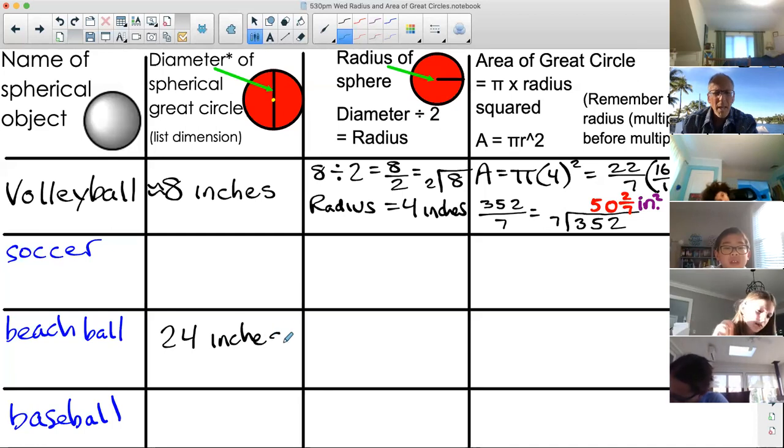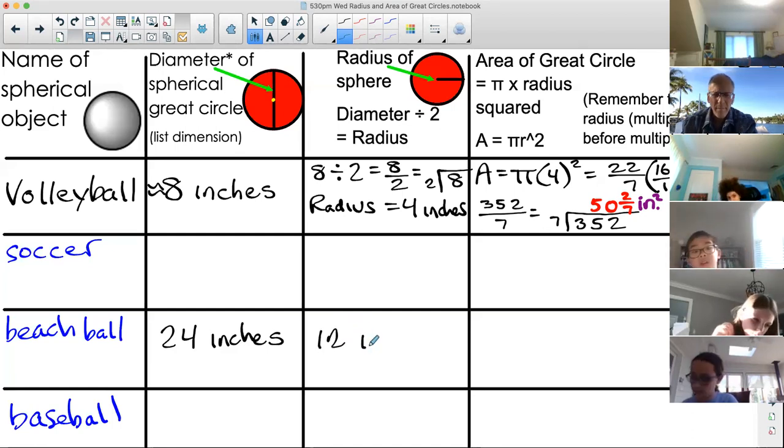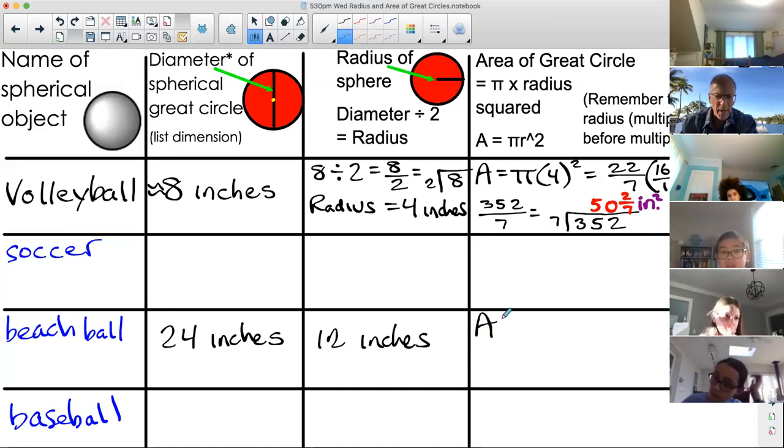Okay, everybody say it on 3. What is the radius of this beach ball great circle? On 3, 1, 2, 3. 12 inches. And now, everybody write down area equals pi r squared.